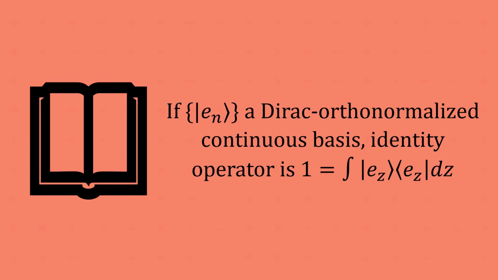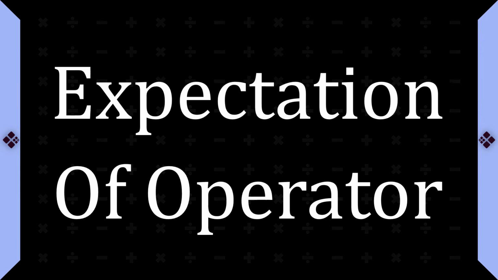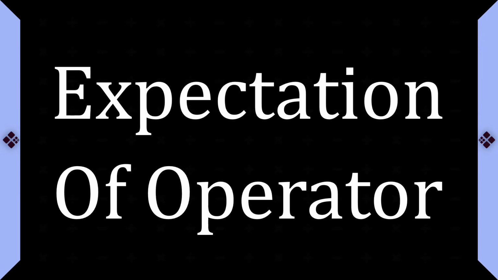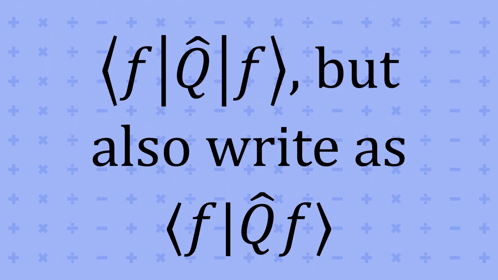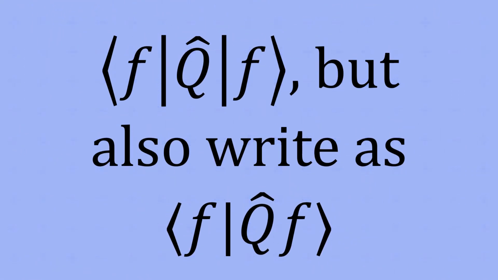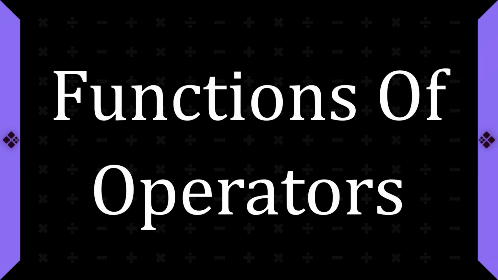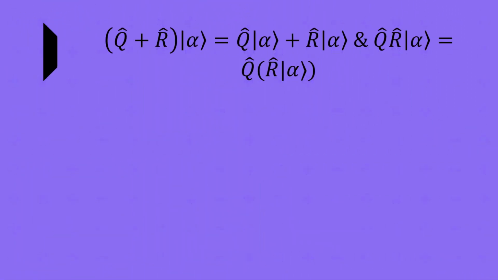If the set of kets En is a discrete orthonormal basis, then the identity operator is equal to this sum here. And if the kets En are a Dirac orthonormalized basis, then the identity operator is given by this integral here. In Dirac's bracket notation, the expectation of an operator with respect to f is equal to this expression here, but we often just write it as this here.